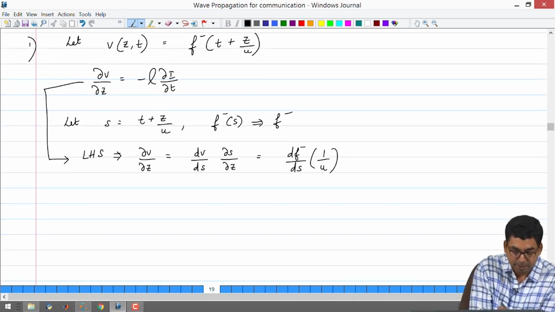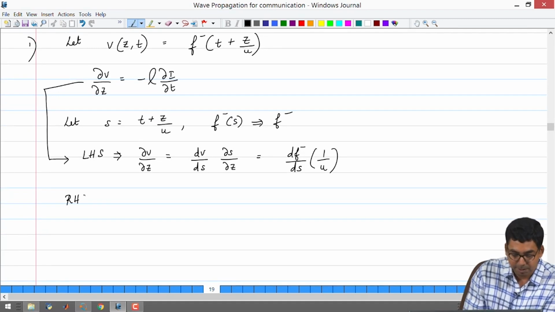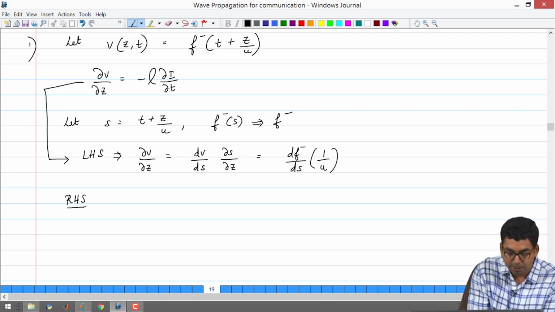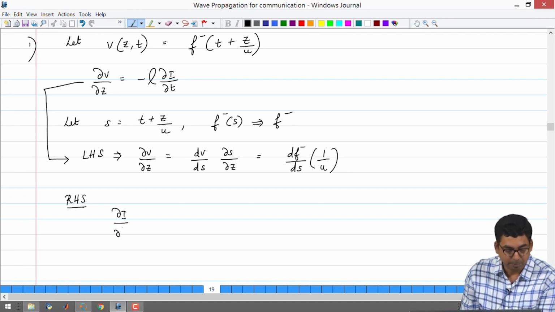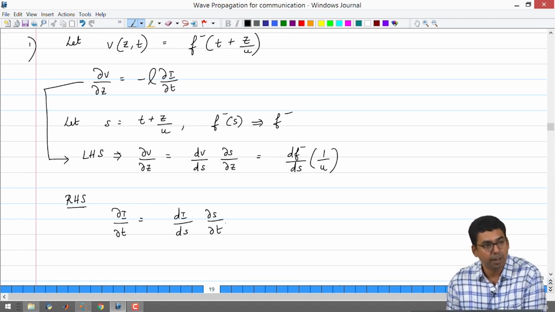The right hand side is minus L dou I by dou t. So, we can start with what is dou I by dou t. We can write this as di by ds times dou s by dou t.